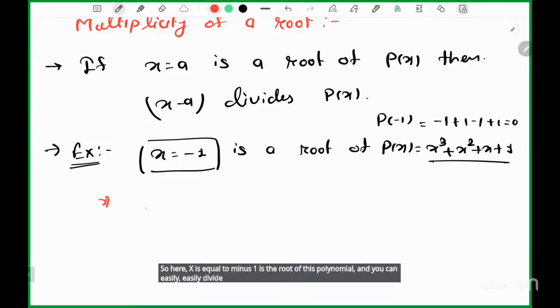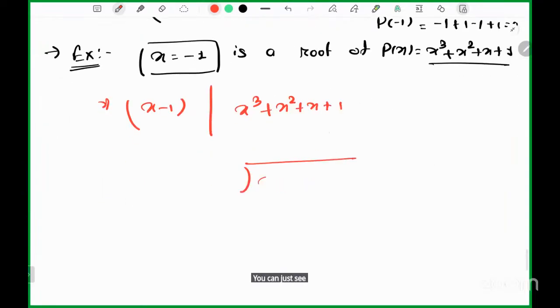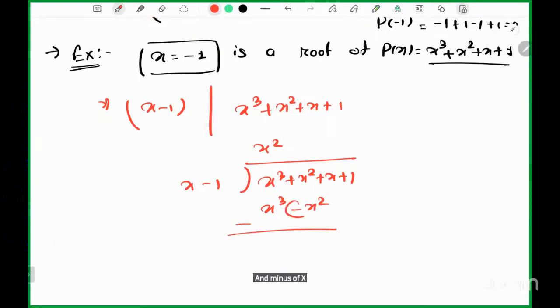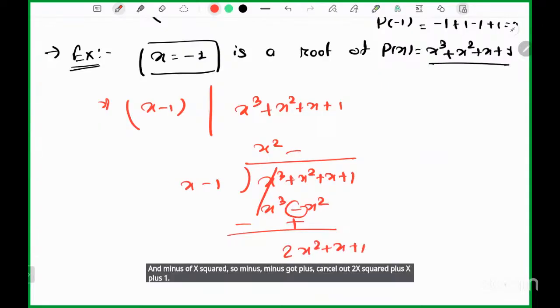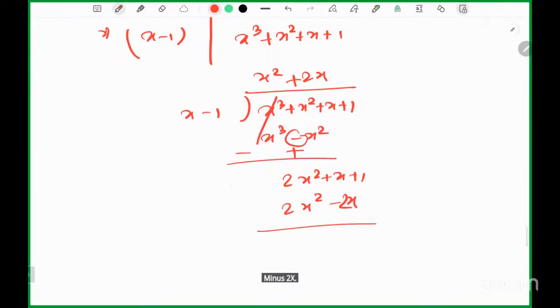You can see that x minus 1 divides this polynomial x cube plus x square plus x plus 1, just by using division. I'll just do it quickly. Divide by x minus 1. Here you'll get x square, that will give you x cube minus x square. So minus becomes plus, cancel out, 2x square plus x plus 1. Let me know if I make any mistake. 2x, so 2x square minus 2x, 3x plus 1.